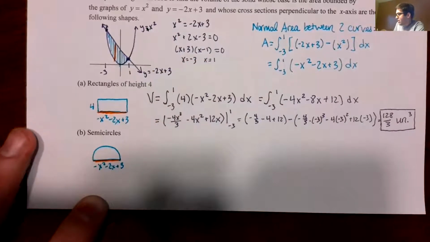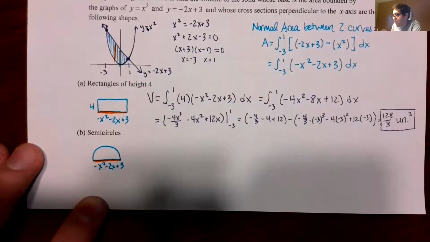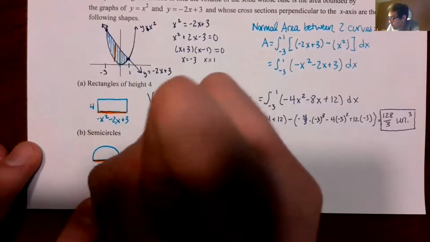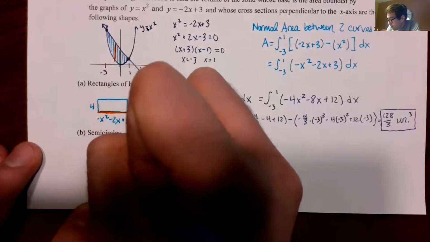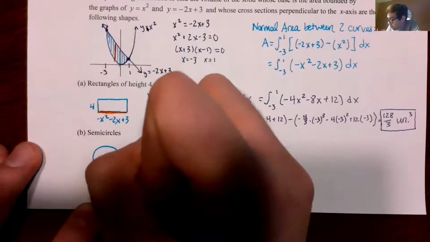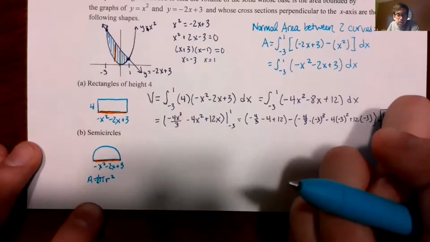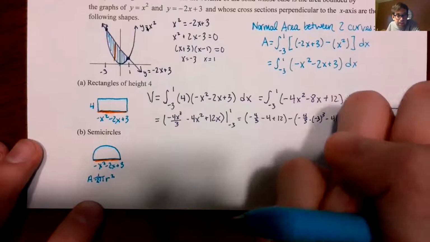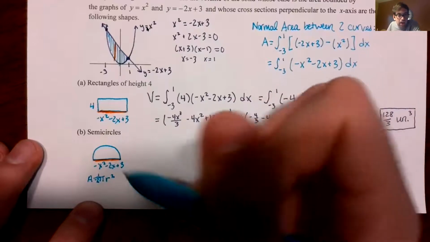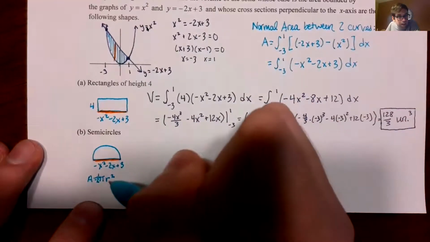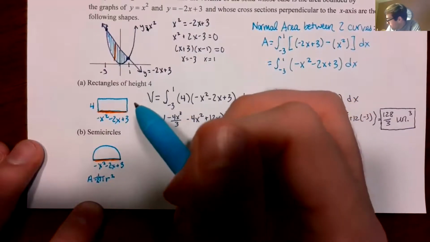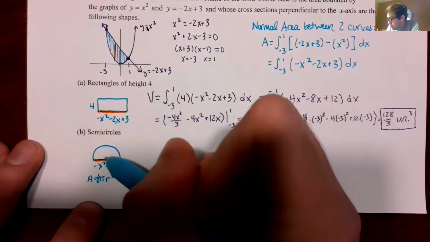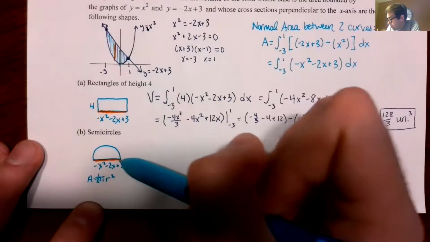So how are we going to find the area of half of a circle here? So we know that area equals pi r squared. But we only have half a circle, so it's going to be 1/2 of pi r squared, right? Hopefully that makes sense. We have half a circle, so it's half the area. But we have another issue, and that is that our r is not just -x squared minus 2x plus 3.